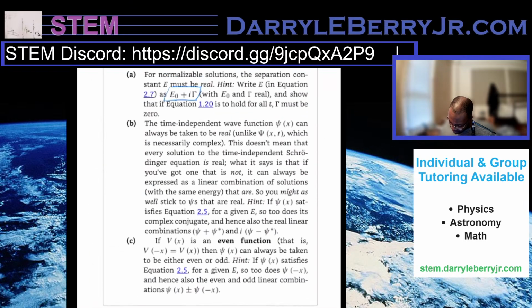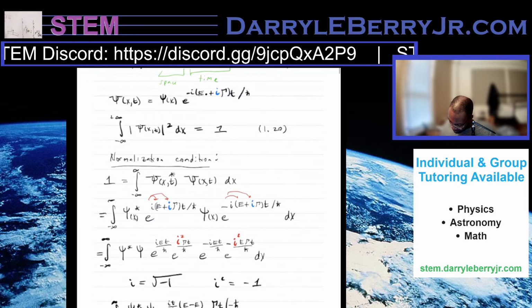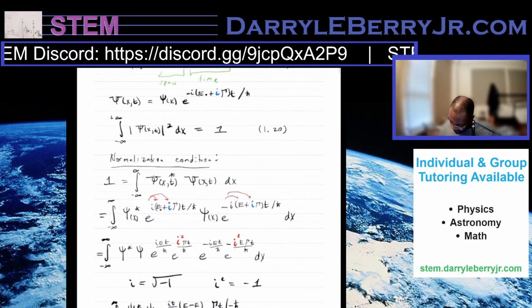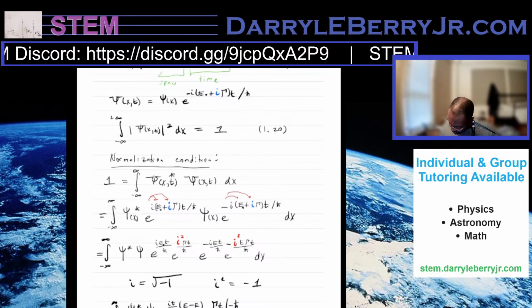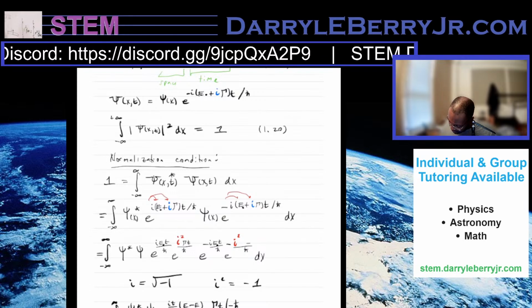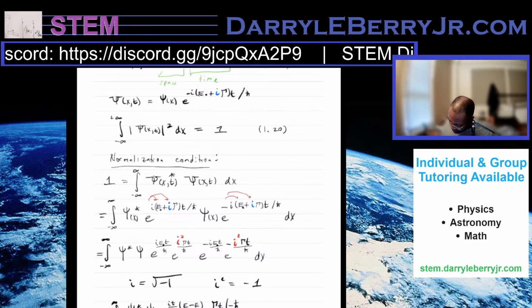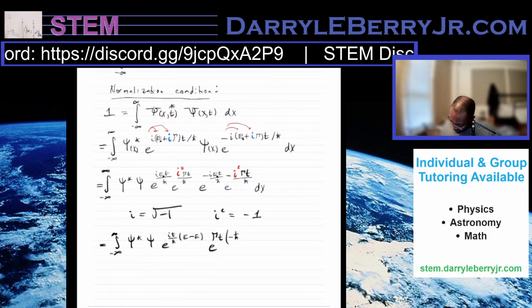And the one on the right, and did I add an extra e? Boom. The e naught, e naught, e naught, e naught. I did add an extra e there. Lambda t. So this one will become a negative there, a positive.